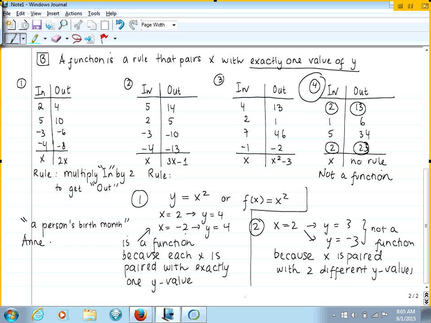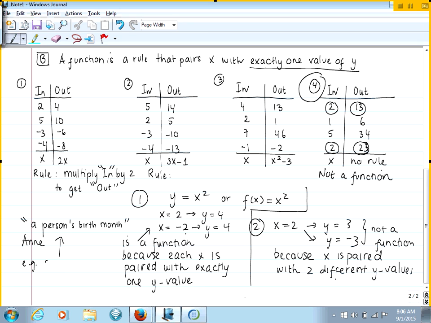Because, for example, can I, myself, have 2 different months that I'm born on? No, I can only be born in 1 month. So that's also a function, but I cannot write it as an equation. If it's mathematical, then you can write it as equations, but sometimes it's not a mathematical context. Make sense? Okay. Now let's continue.